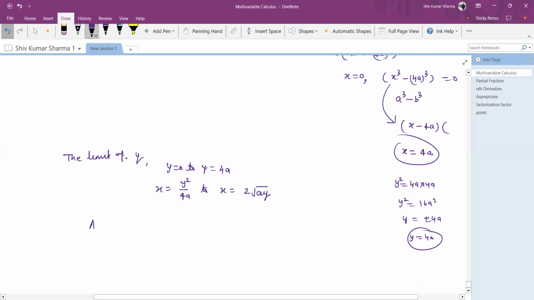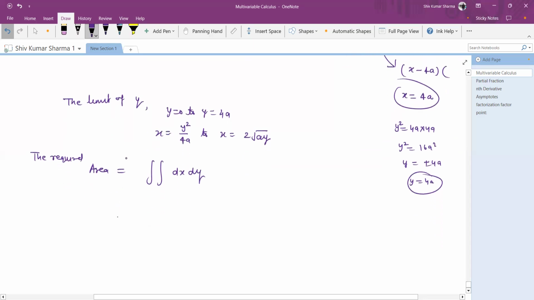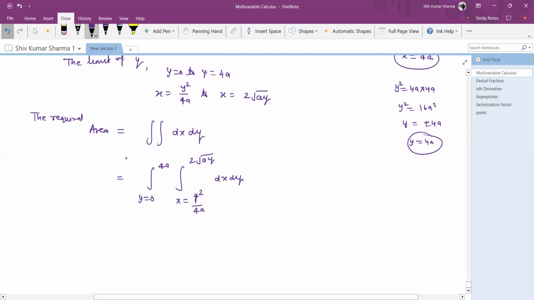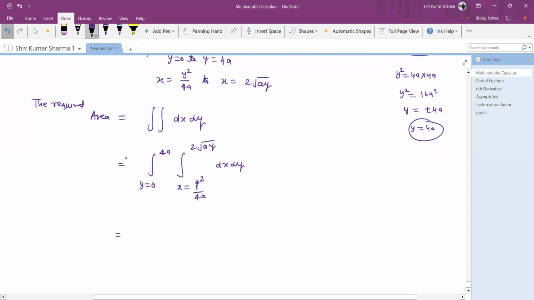Okay, so the required area is equal to double integration dx dy. So first we take y equal to 0 to 4a, and x is equal to y square upon 4a to 2 root ay, dx dy. So here we have variable limits for x, so first we integrate with respect to x.